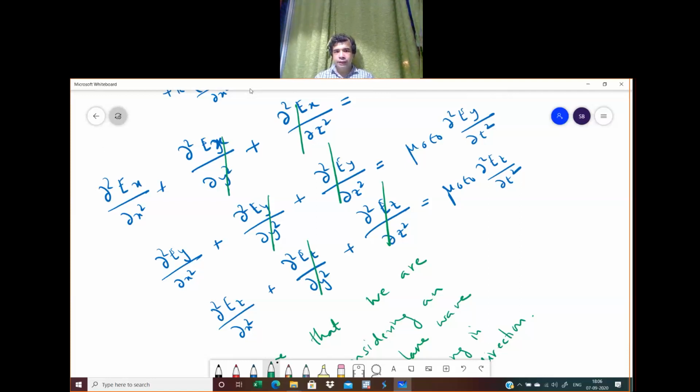Is it clear why these terms will vanish? Because it is propagating in the plus x direction and it is a uniform plane wave, no variation is possible in the y and z directions. So all the del y's and del z's will be 0. So our equation is now greatly simplified.